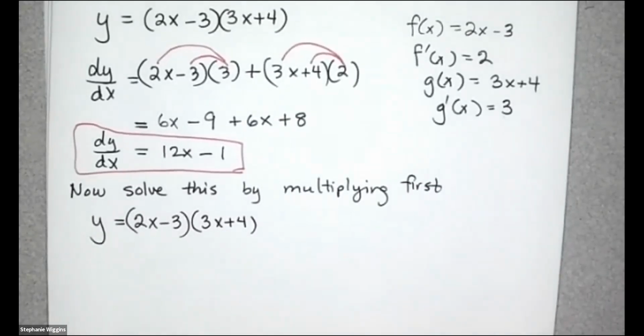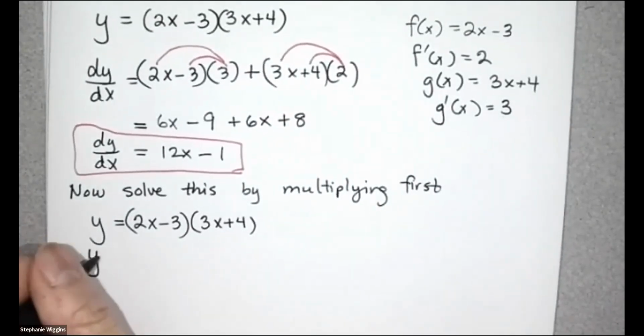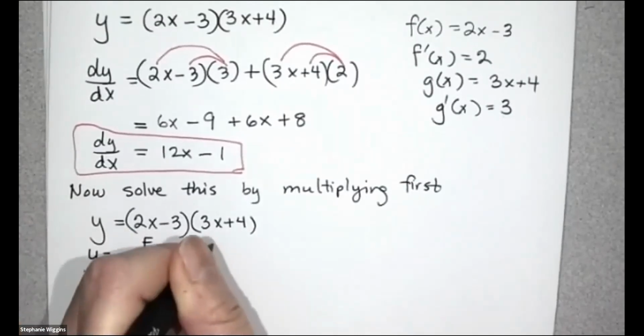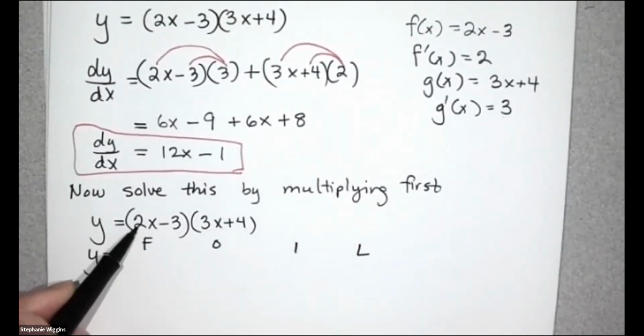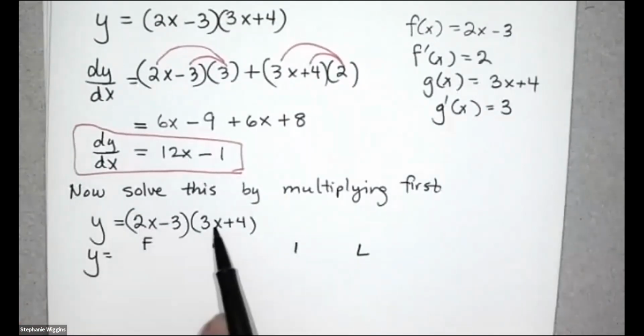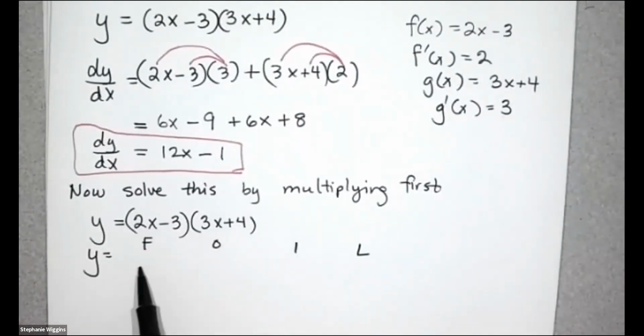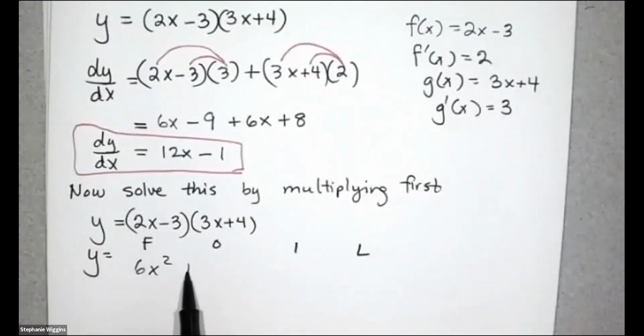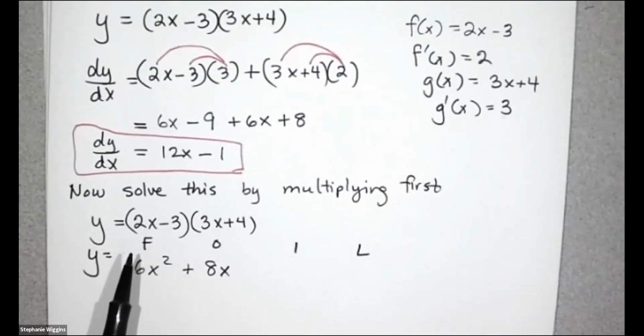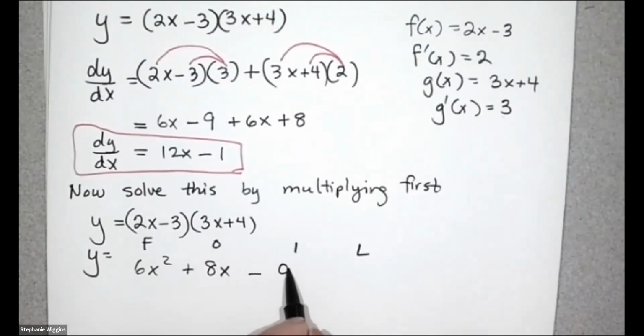If I multiply these first, I'm going to FOIL. The first terms are 2x and 3x. Multiplying those together, I get 6x squared. The outside terms are 2x and 4. Multiplying those together gives me 8x. The inside terms are negative 3 and 3x, so that's going to be negative 9x.